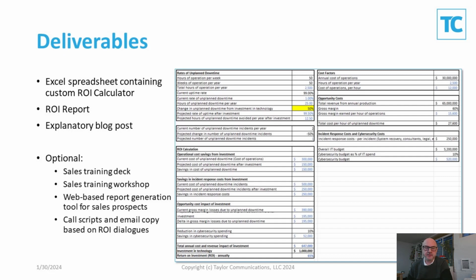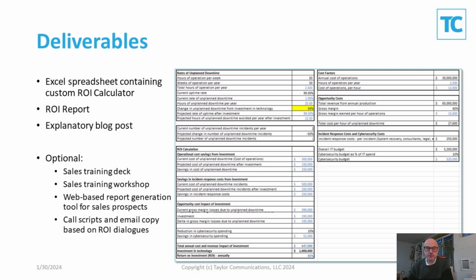The deliverables include the Excel spreadsheet containing the ROI calculator, which is customized for your business, the ROI report itself, which I'll show in a minute, which is kind of a white paper style report in a designer PDF. I also include an explanatory blog post. Optionally, I can also develop a sales training deck, conduct a sales training workshop based on the ROI calculator and the ROI report.